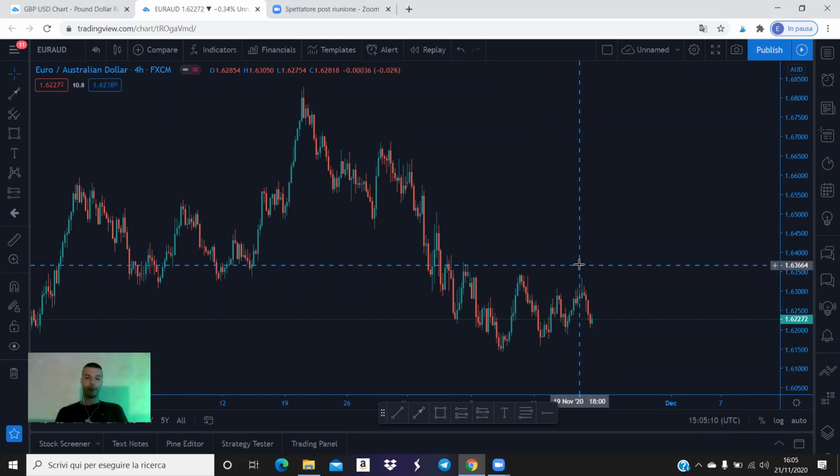So first of all, this strategy is called the supply and demand strategy because it is based on supply and demand. Of course, we will add some other factors that will help us build confluence. And when I say confluence, I mean more things that add up in order to have better accuracy.